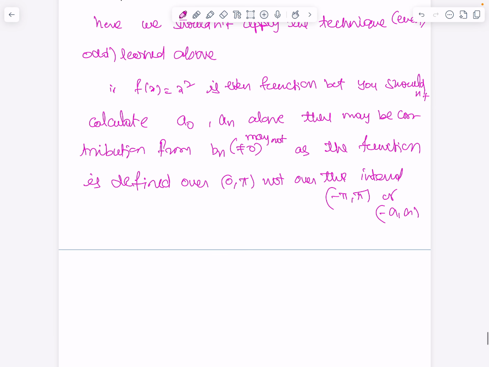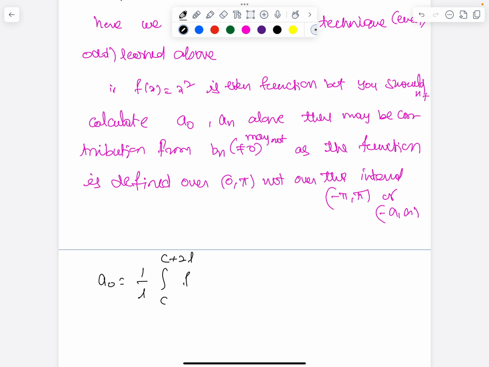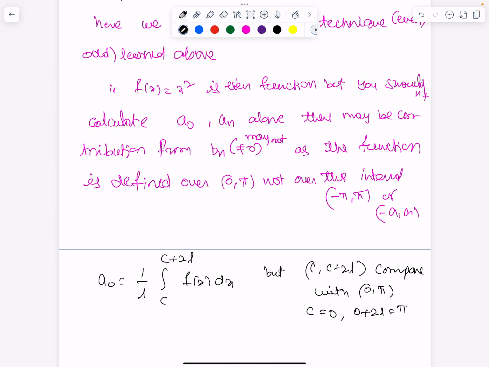That is, let me solve this problem as well. That is, a0 is equal to 1 by L, integral from c to c plus 2L of f of x dx. But c plus 2L we have to compare with 0 to pi. Therefore, c is 0, 0 plus 2L is equal to pi, L is equal to pi by 2.